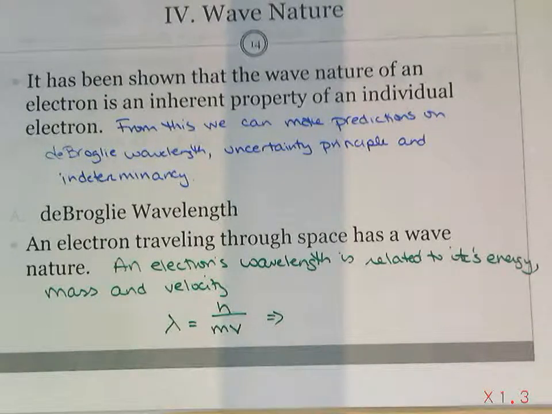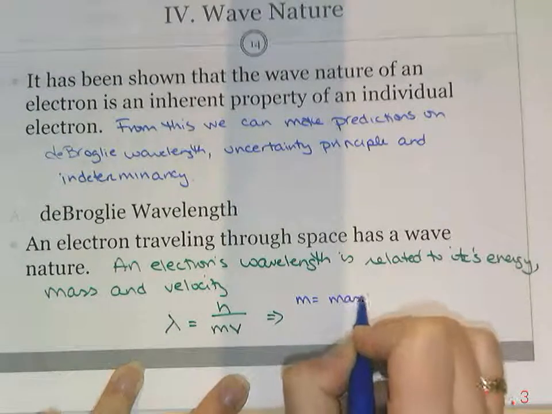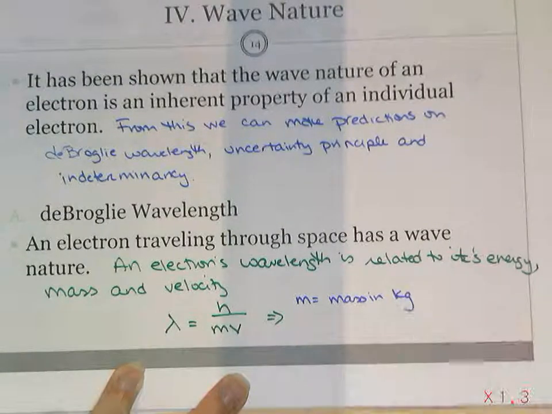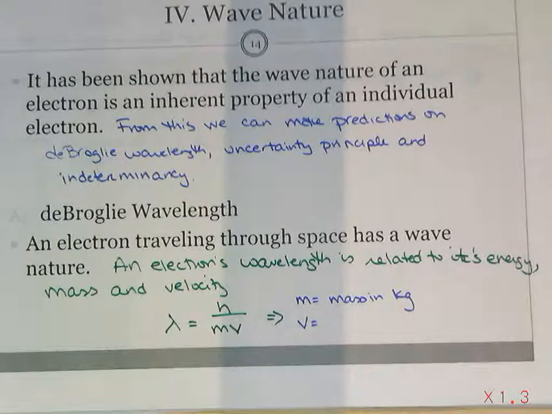Now, don't get confused. These are not the m's and v's we've used before. These are different m's and v's. In this case, m is mass in kilograms. And this is a regular v, not a tipped over nu. This is a regular v. So this is our velocity.